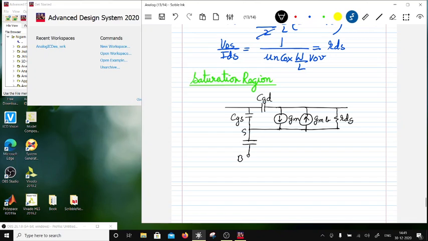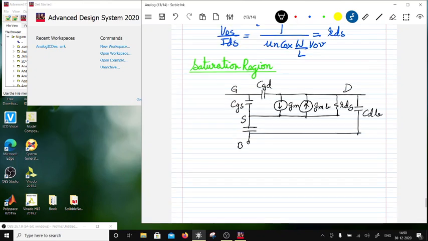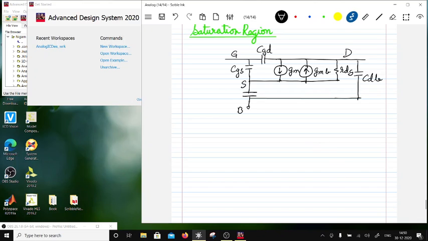So this is the body terminal, this is the source terminal, this is the gate terminal, and this is the drain terminal. And there will be a capacitance between drain and body, CDB. This will be the high frequency model for a MOSFET.